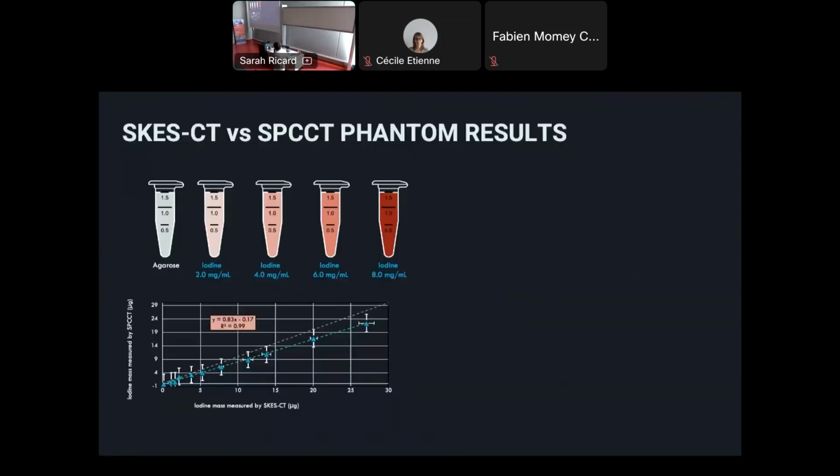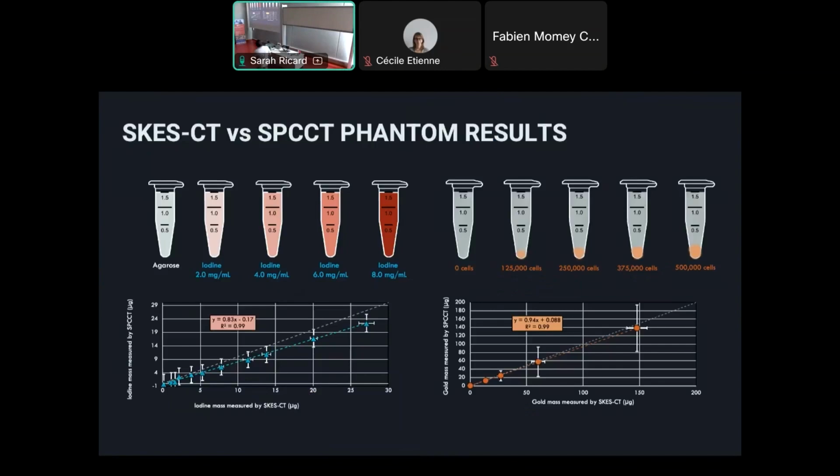What we measured is this comparison. What is interesting is that you have a perfect linearity between the gold measured by spectral CT and the one measured by the synchrotron. And in the phantom, you seem to have also a linearity.